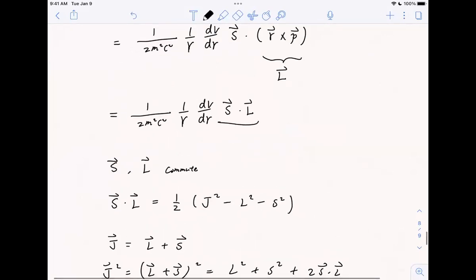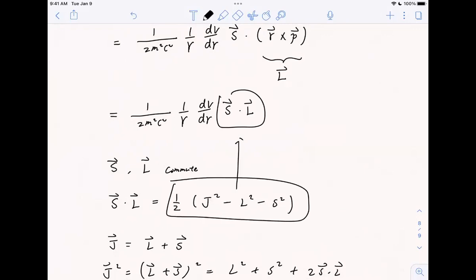So here you have this part, and you just move this inside. Then you see that the spin-orbit coupling will give you states that depend on the total angular momentum, the orbital angular momentum, and the spin. So we need to pay attention to this part.